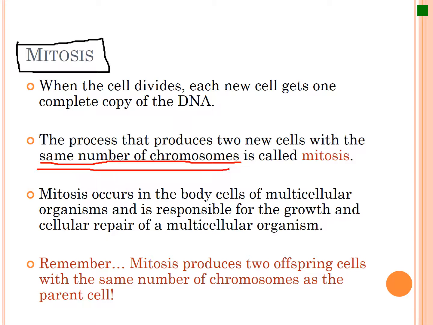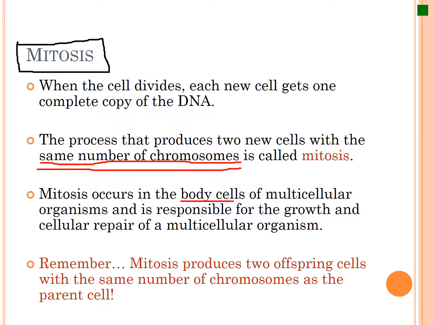Because we're going to be talking about another process where cell division happens and you do not get the same number of chromosomes. In fact, you get half the chromosomes, but that's in another process. So mitosis causes the offspring to have the exact same number of chromosomes as the parents. Mitosis occurs in the body cells. You also need to know this. Where does it happen?